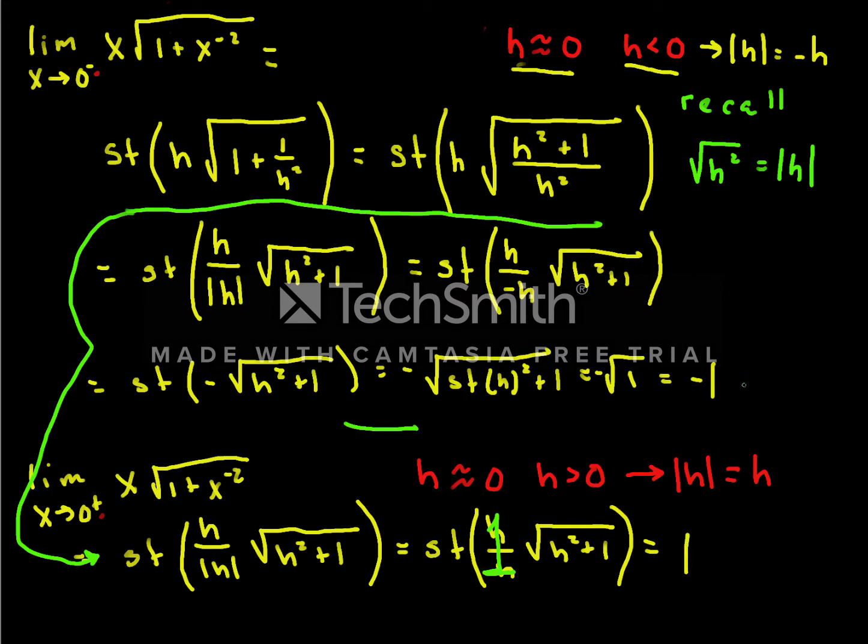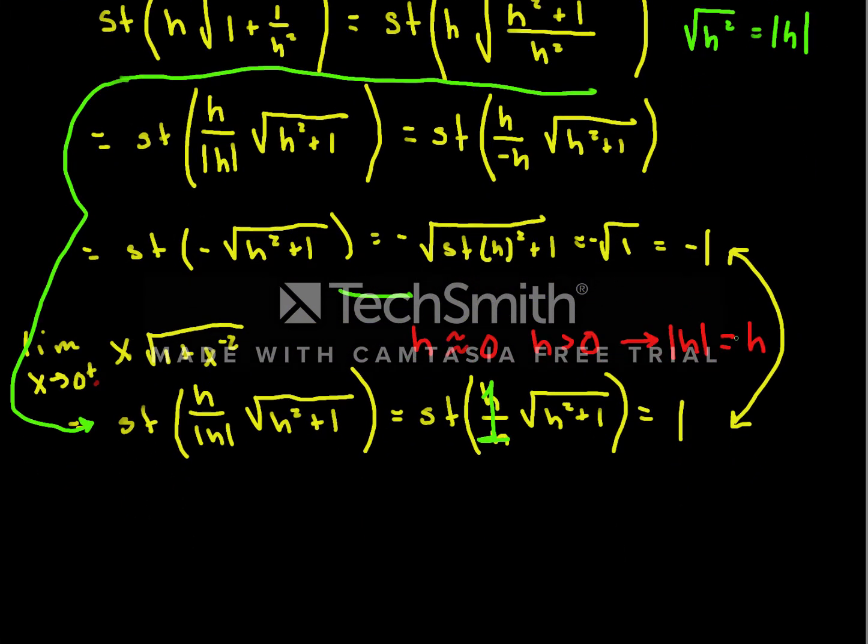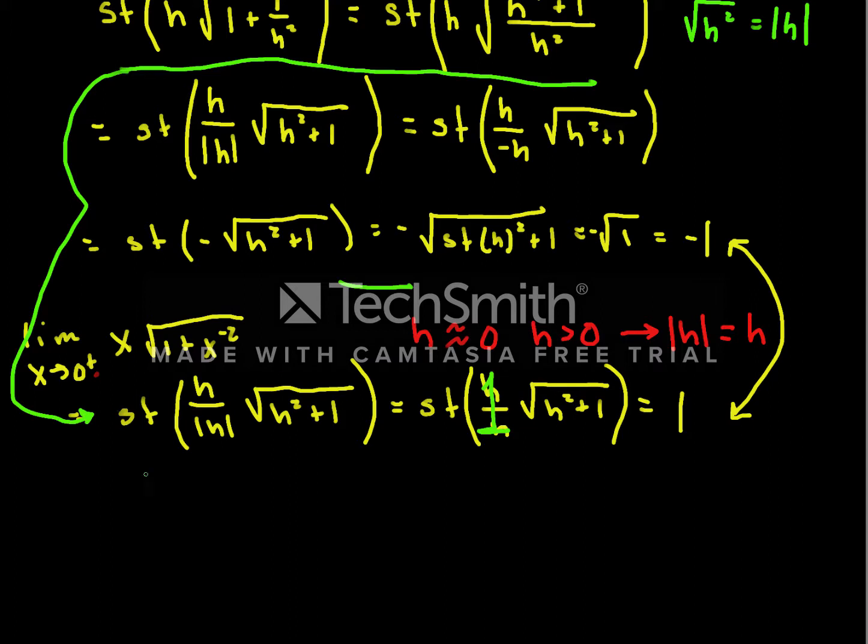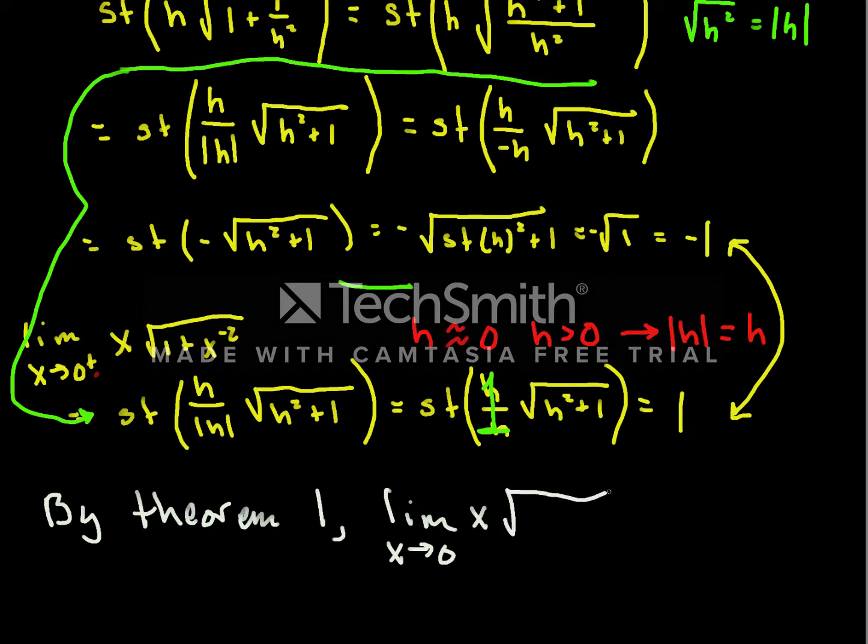Since the left-hand limit and the right-hand limit do not agree, then we know for a fact that if I were to do a straight limit, putting this together and using theorem 1, the limit as x approaches 0 of x times the square root of 1 plus x to the minus 2 does not exist.